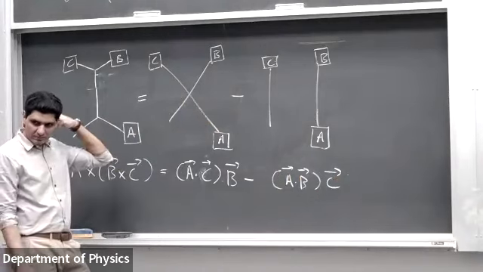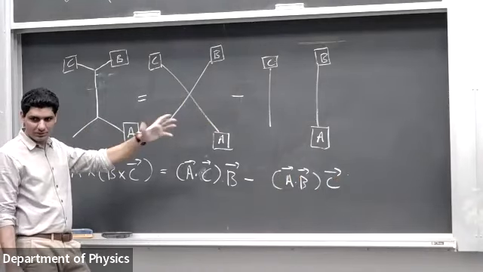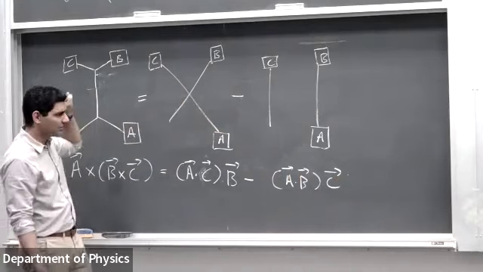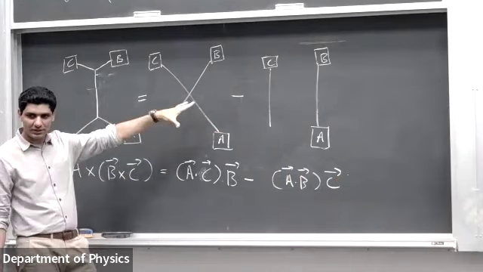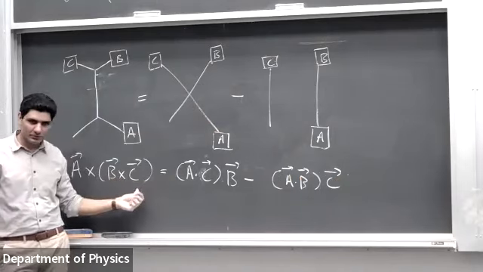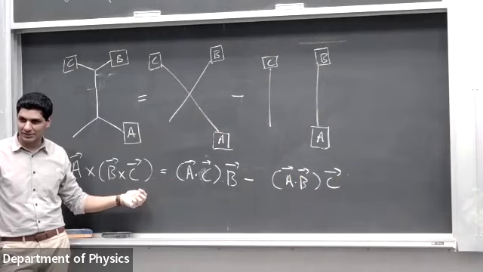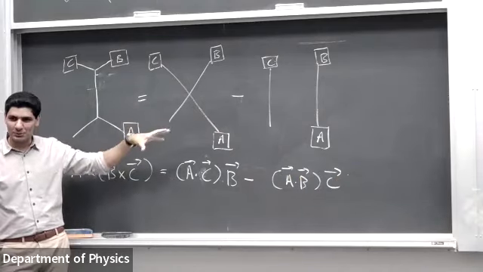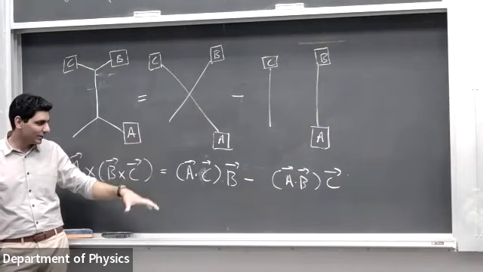So once I have that rule, I can just forget about the deltas, indices, whatever. I can just plug in these things. And this is a very well-known vector identity. I urge you to try to prove this by writing out vector components, and you'll see why this approach is worthwhile.